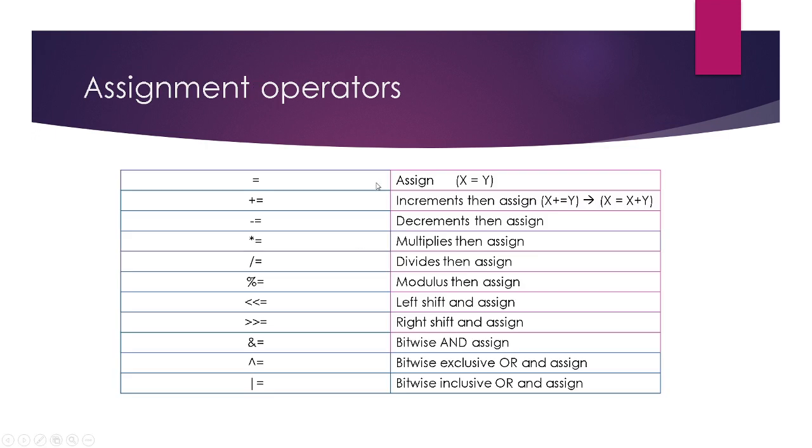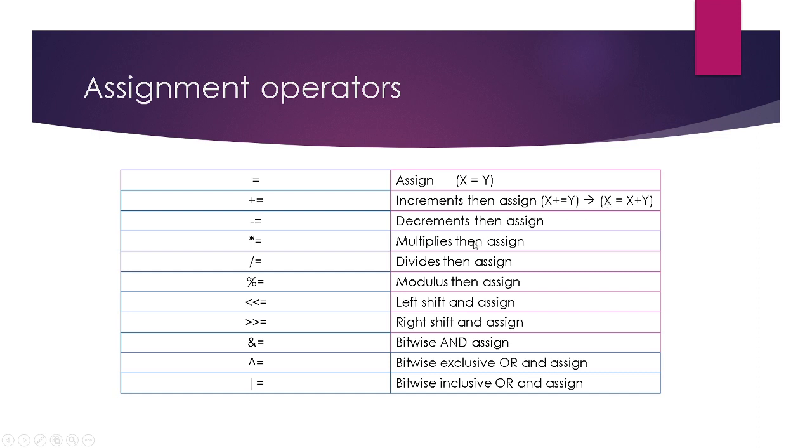Next is assignment operators. If I want to assign the value of y to x, I will use x equals y. Then plus equals: if I say x plus equals y, it means x equals x plus y. It is a short form of writing the same thing. Similarly, minus equals decrements and then assigns: x will become x minus y, and then it will be assigned to x.